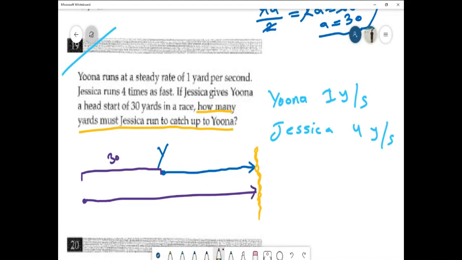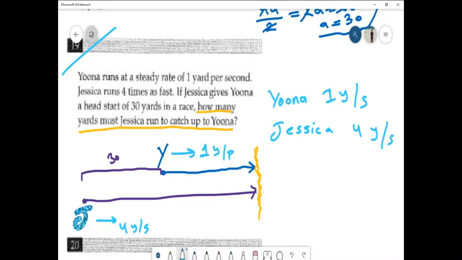After how many yards must Jessica run to catch up? At this point they will catch up, right? They will be at the same spot. I know this distance, starting from here until here.